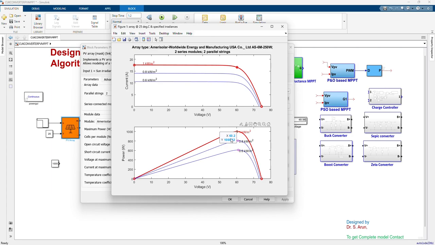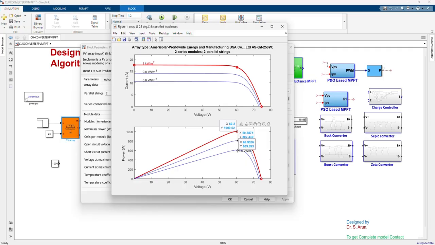So at irradiance of 1000, we will get maximum power equal to 1000, and at irradiance level 800, we will get maximum power nearly 807.439, as well as for irradiance level 600, the maximum power extracted from the PV panel is equal to 609.